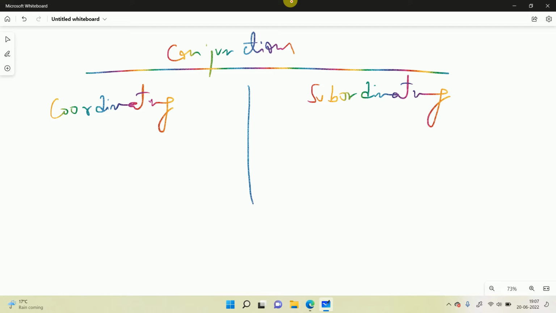Just understand, coordinate means coordination, that means helping each other, keeping harmony with each other. And subordination is something like master and slave sort of thing. Somebody is superior and kicks out the other guy. So it's hierarchical, you can say. Just remember these two words.